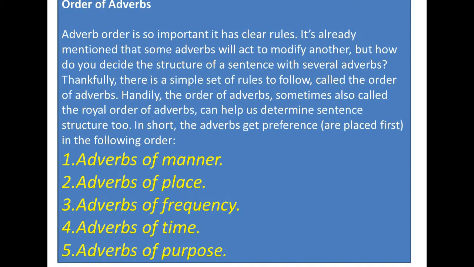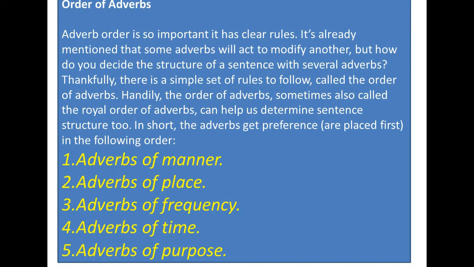Order of adverbs. Adverb order is so important. It has clear rules. It's already mentioned that some adverbs will act to modify another, but how do you decide the structure of a sentence with several adverbs? Thankfully, there is a simple set of rules to follow, called the order of adverbs.